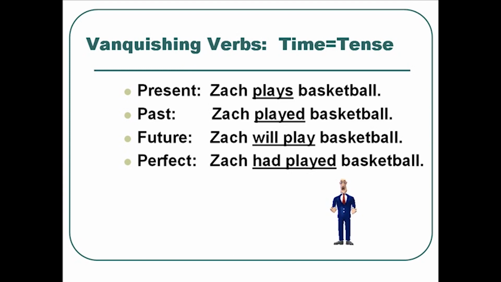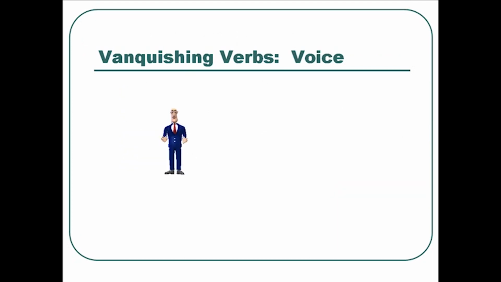In fact, tense rarely equals time this simplistically without some other markers, adverbs and prepositions and things to tell you what time it is. But it's a good place to start, so get these categories clearly in mind, and then we'll see what other options are available. Now let's get on to the voice.